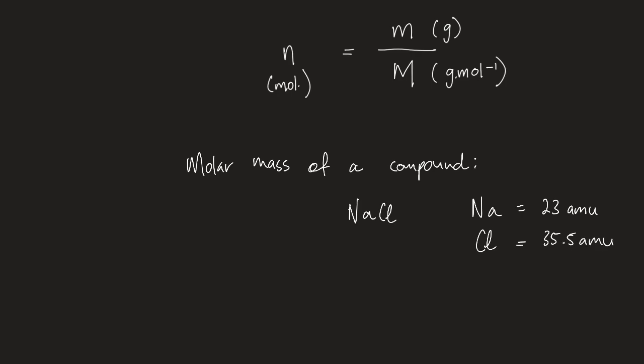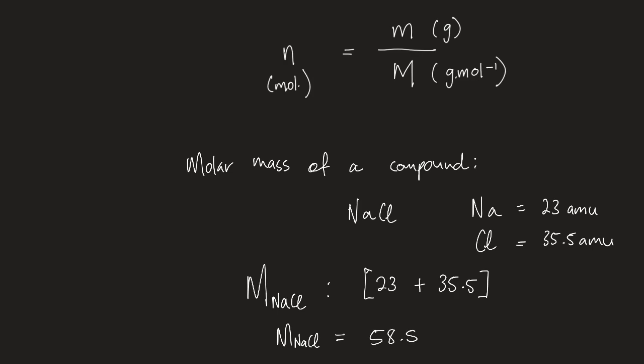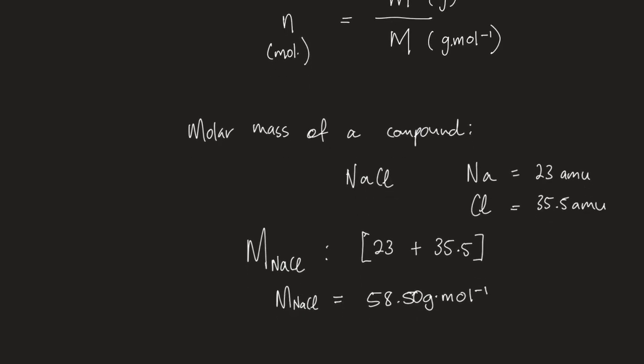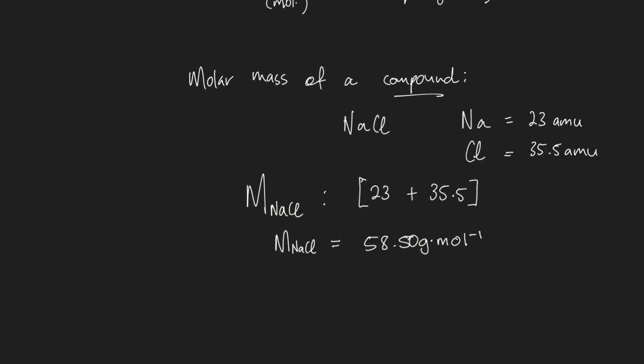So what we do is we say molar mass of NaCl, look at my subscripting please, is equal to 23 plus 35.5. So the molar mass of NaCl is equal to 58.5 grams per mole. So that is how you do molar mass of a compound.